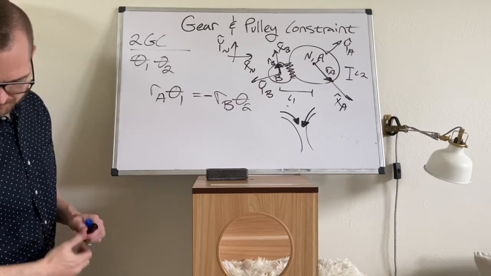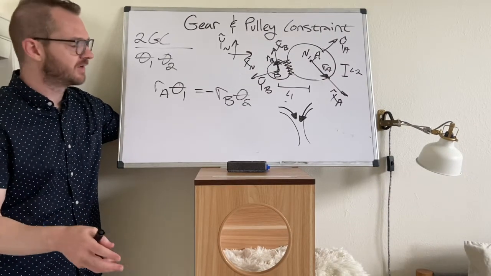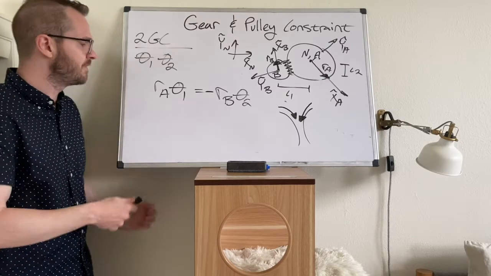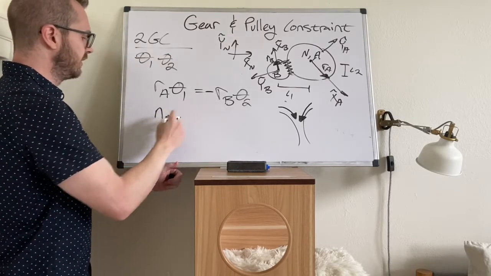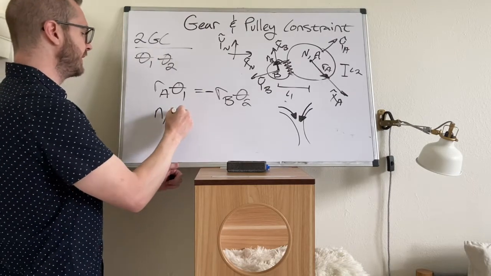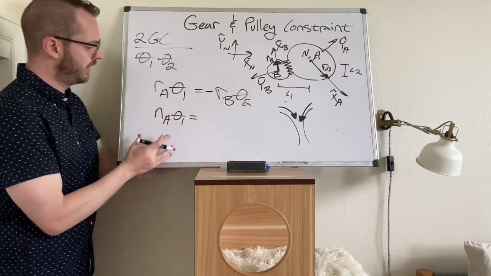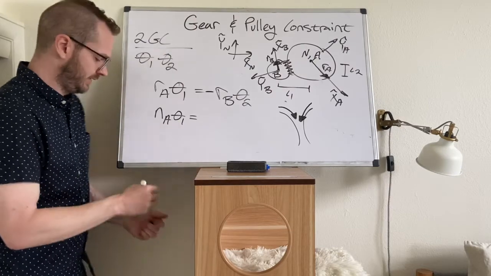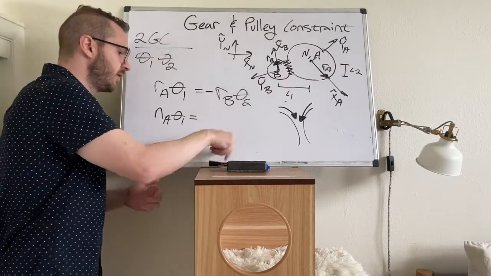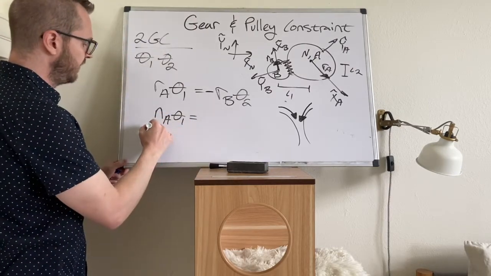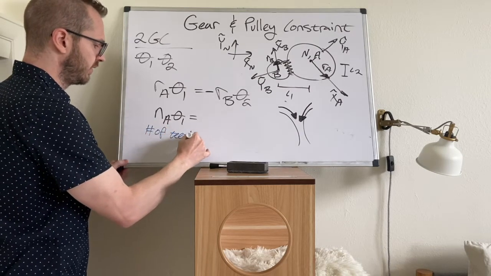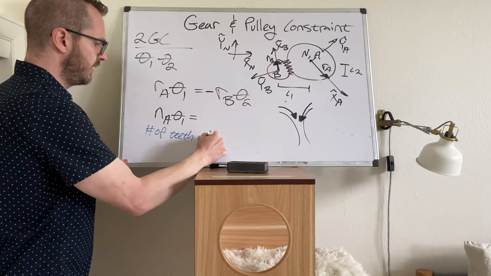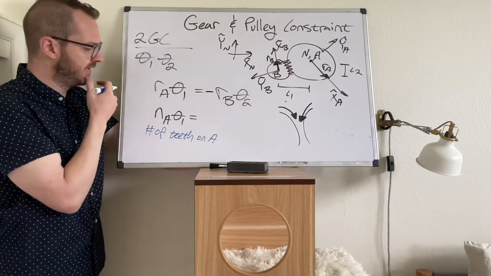So I said there's 2 ways to write the constraint. Here's the first way. The second way to write the constraint, I'm going to use a lowercase n. So n A theta 1. Now what this n is, this is the number of teeth on A. That's what I mean by NA, the number of teeth on it.